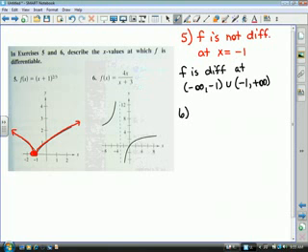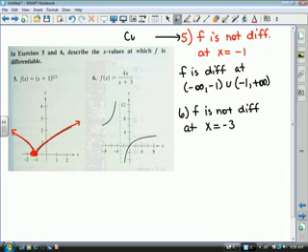And then what about this graph here, this number 6? Where is it not differentiable? Negative 3 again, yeah. Okay, the other one was because it had the cusp. What's wrong with number 6? Vertical asymptotes.